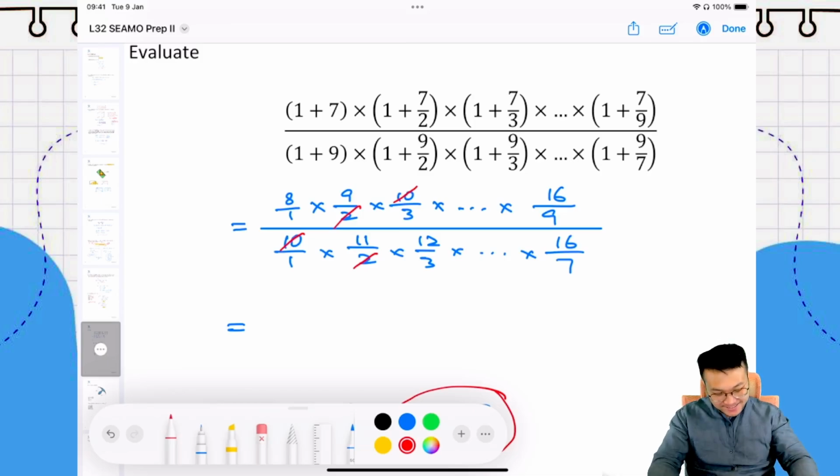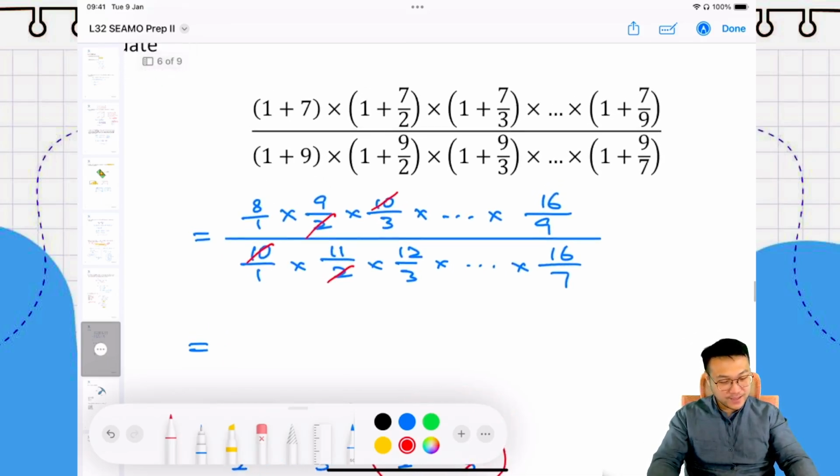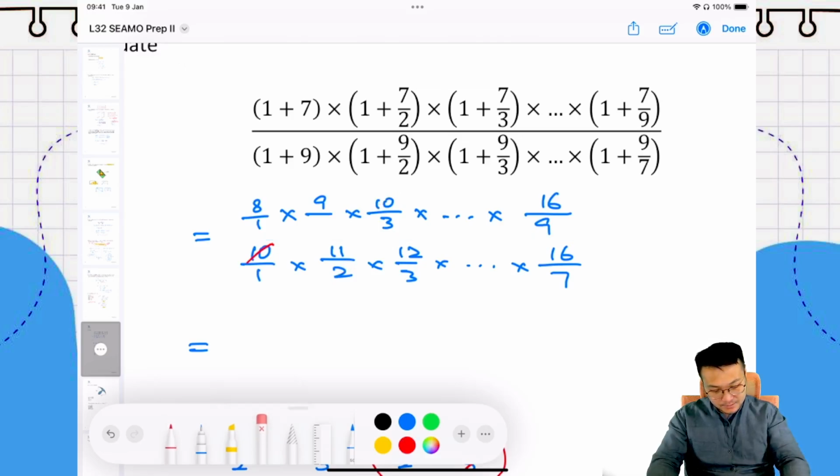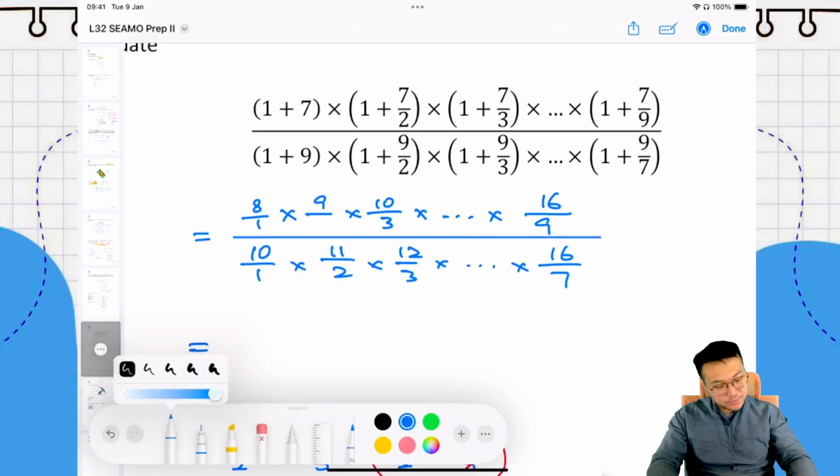Alright, students. So how fast can we get an answer? Very fast. Okay, let's start again. Let me draw that line back later. Students, look at all the numerators. For all the numerators, you have 9, 10, 11, 12, 13, 14, 15 until 16.